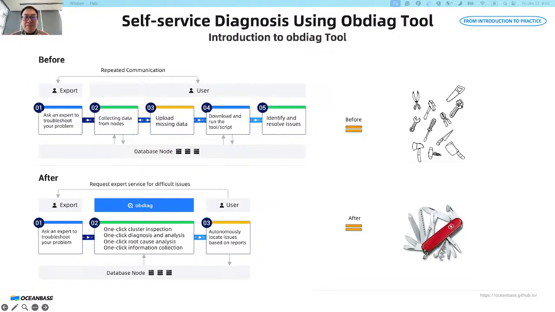The method consumes a lot of time and energy. Based on this situation, OceanBase launched the obdiag tool, which greatly simplified the process. Through four functions, we can quickly and conveniently obtain the information we need to collect and then quickly locate and solve customer problems. We will soon provide a detailed introduction to these functions.